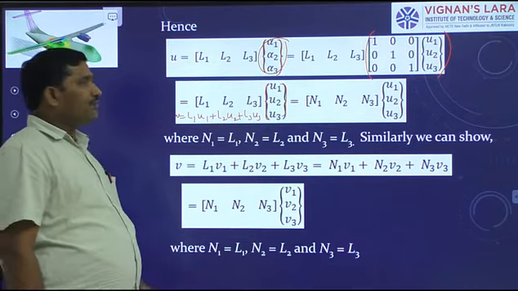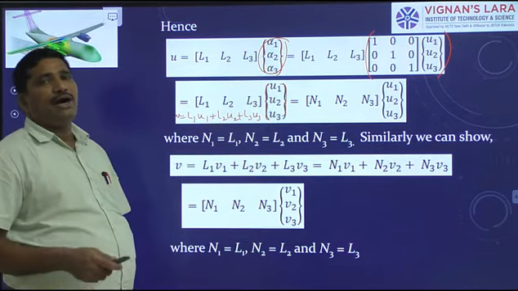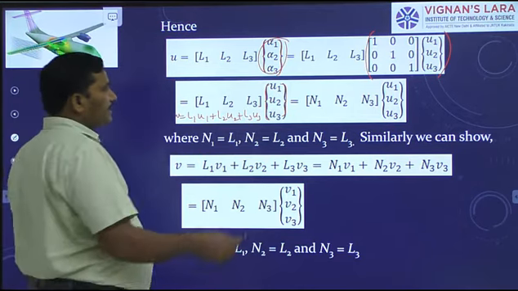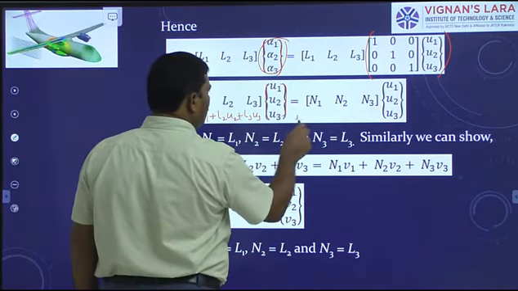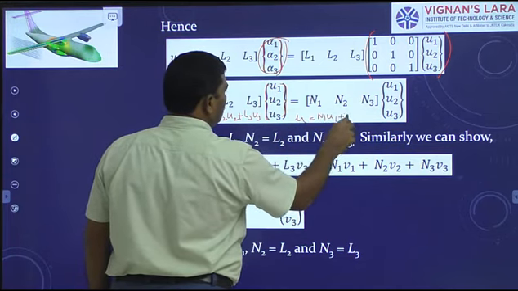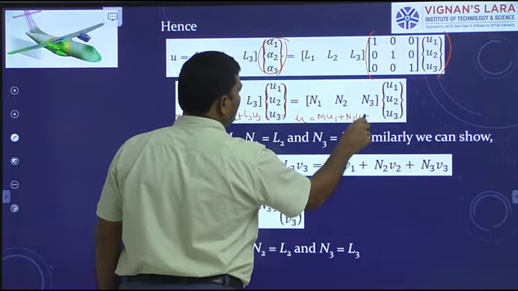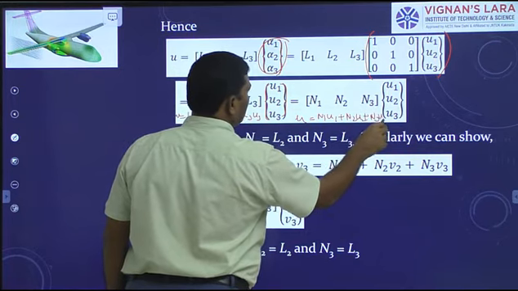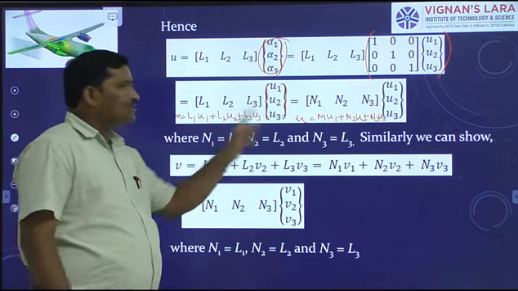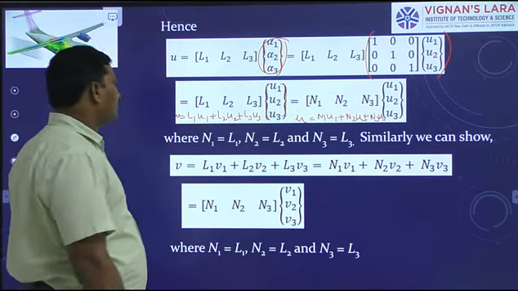If N1, N2 and N3 are the shape functions, how do you write the unknown displacement field U? U equals N1 U1 plus N2 U2 plus N3 U3. If you compare these two, what do you understand?